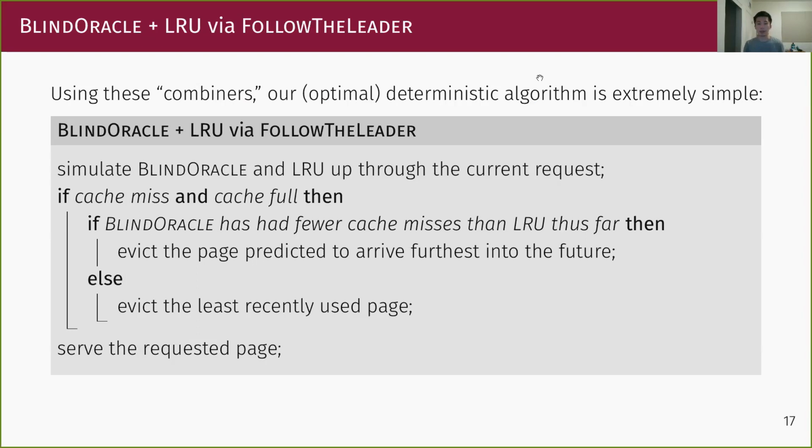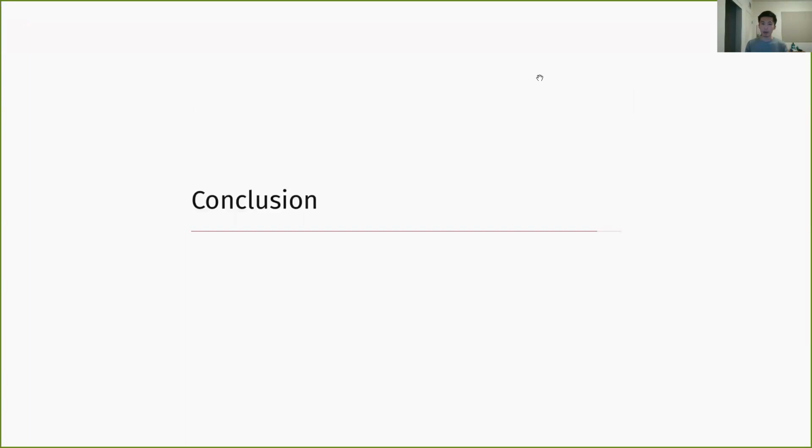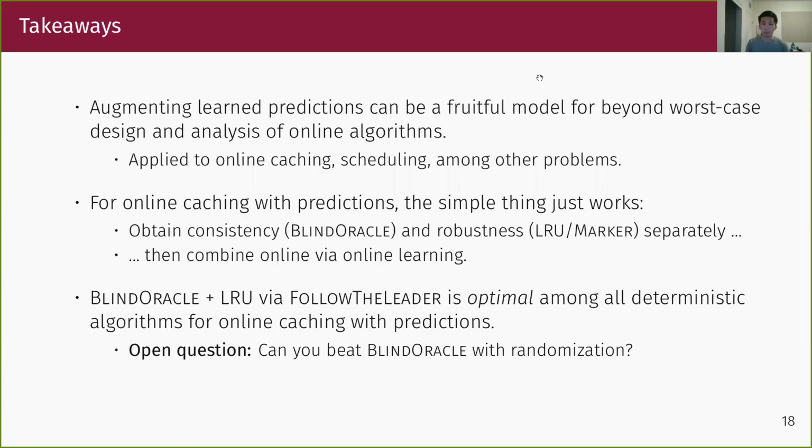So that's all I had for the main technical portion of the talk. And so I'll finally summarize the takeaways from this work. At the highest level, I believe that augmenting online algorithms with predictions can be a very interesting and useful approach to looking at online algorithms beyond the worst case.